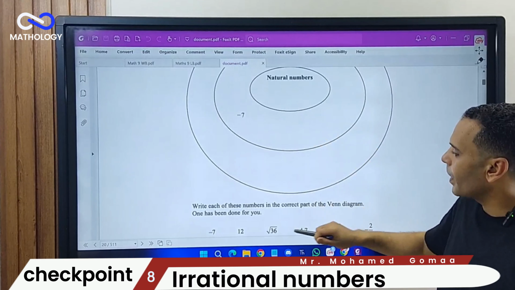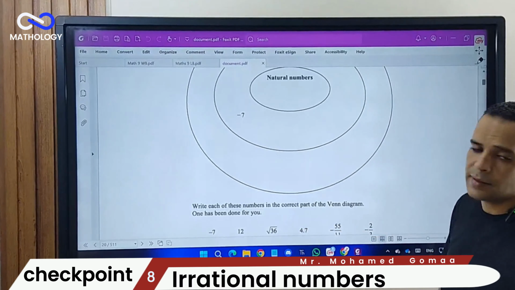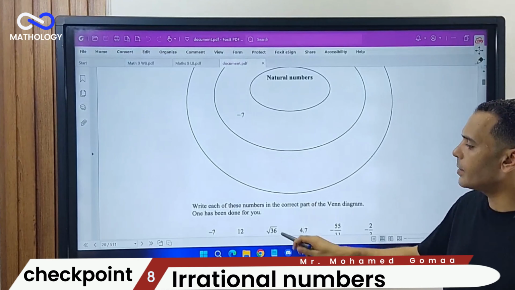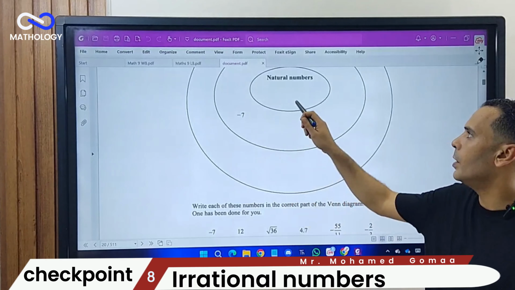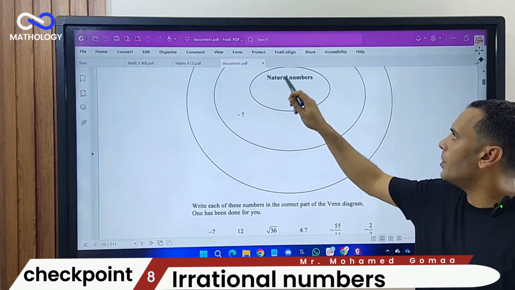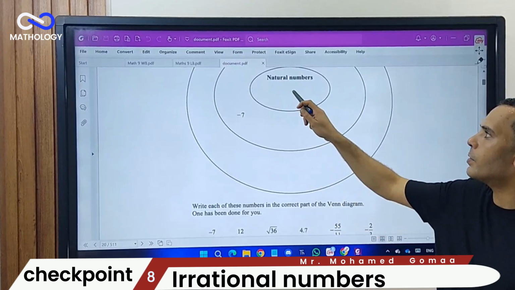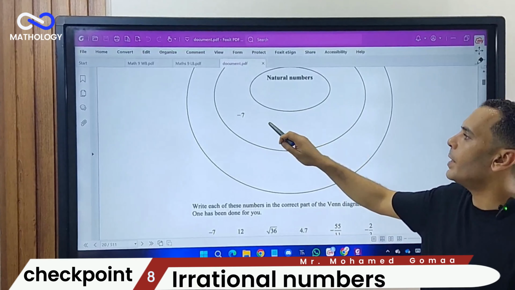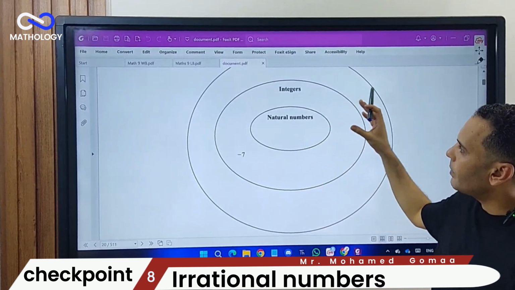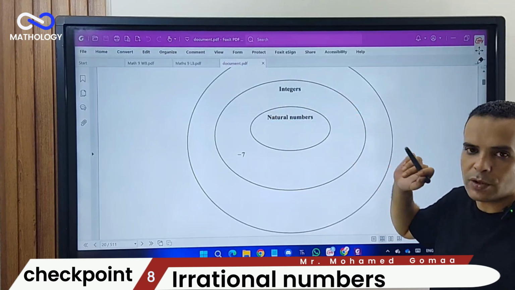The square root of 36 equals 6, and 6 is a whole number. In the natural numbers, put all the positive whole numbers. But put the negative ones outside the natural numbers but inside the integers.